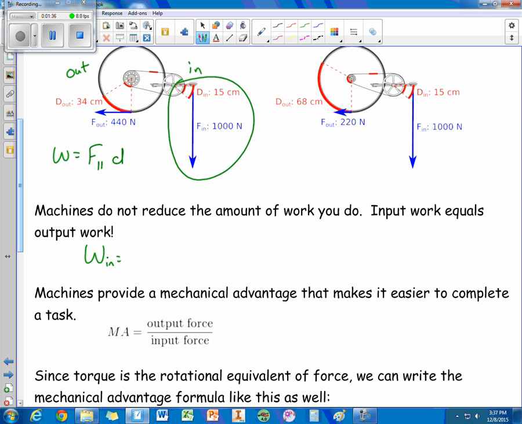Well, the force I'm putting in is 1,000 newtons, and the distance I'm covering is 0.15 meters. So that equals 150 joules of work. That's how much work I'm putting into the machine. Here's my output work.